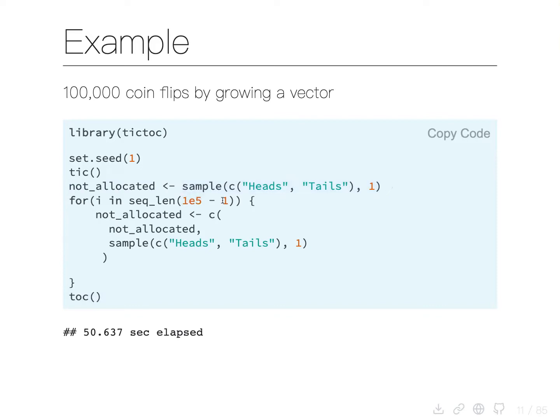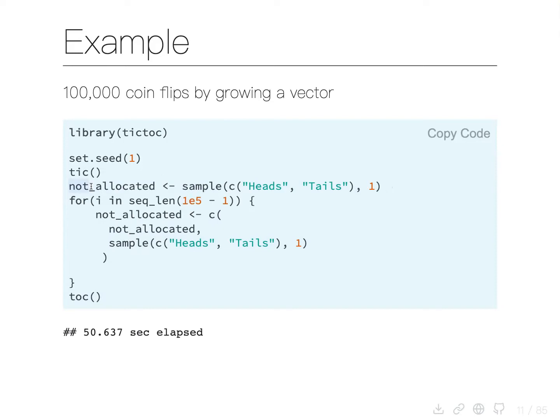I'm saying 100,000 minus 1 because I've already got 1 up here, the first one. And then I'm just using c() to combine the results of not_allocated and the next sample. So right at this line of code, the not_allocated vector is of length 1. After the first iteration, it will be of length 2.